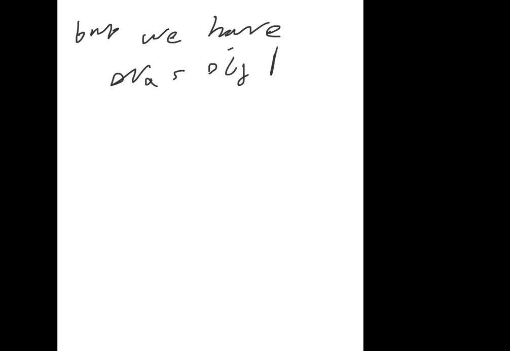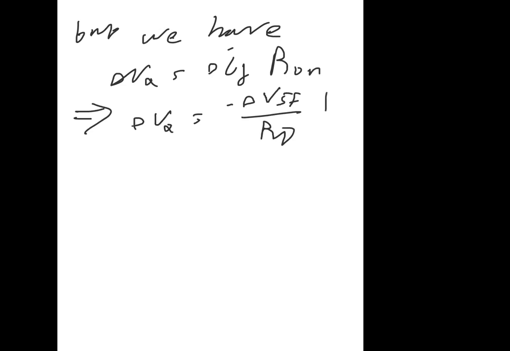But we have delta VX is equal to delta ID with R on. So delta VX is equal to minus delta VIF over RD times R on.